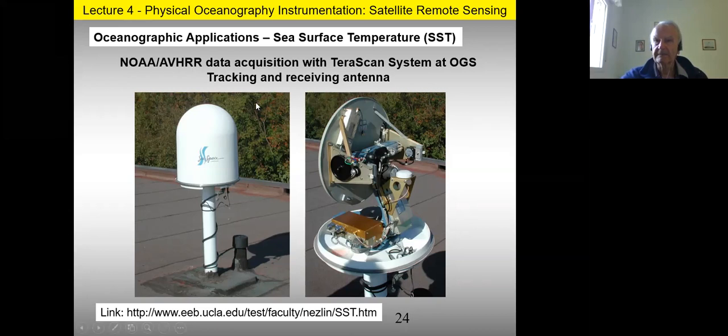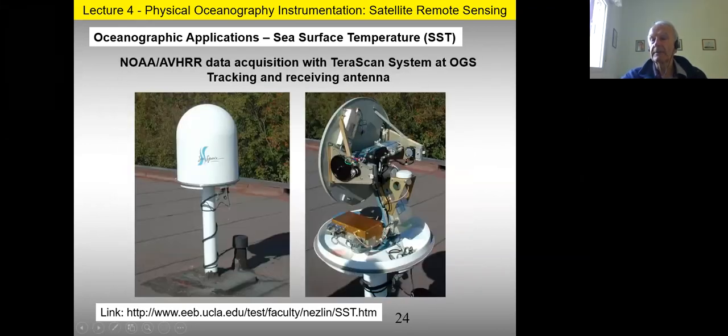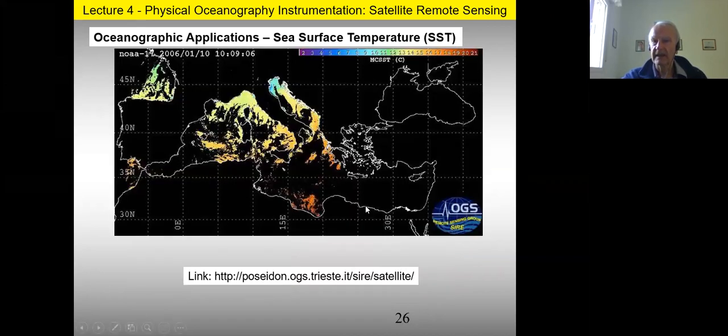Here is the antenna, which receives the signal from the satellite, which is then analyzed using this algorithm, and then we obtain the sea surface temperature every time the satellite passes over the antenna. Here is an example of how this looks.